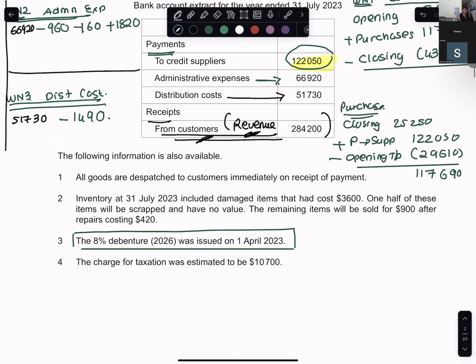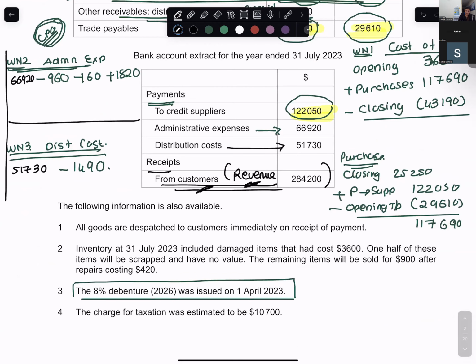Let's go ahead. So the cost of sales. The first adjustment: all goods are dispatched to customers immediately on receipt of payment. What does that mean? Dispatch to the customers means all goods are sent to the customers. When are the goods sent?